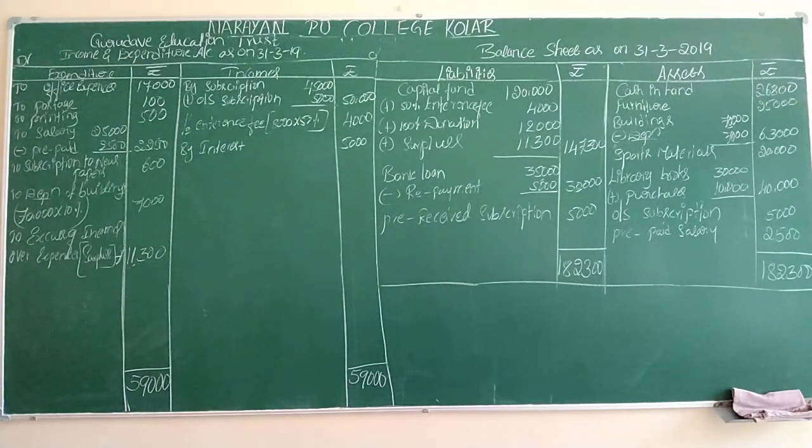So, income and expenditure here. If you don't write the name of the NPO, you have to deduct 2 marks. If you don't write the account name, they will deduct 1 mark. If you don't write debit and credit, they will deduct 1 mark. After finishing the account, if you don't close the columns clearly, you have to deduct 1 mark there also.